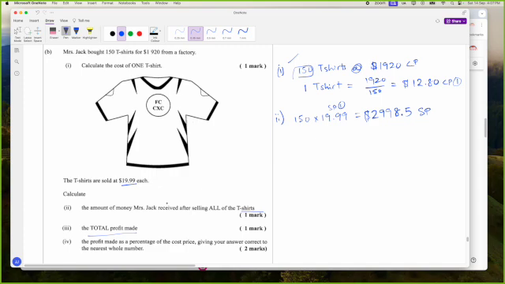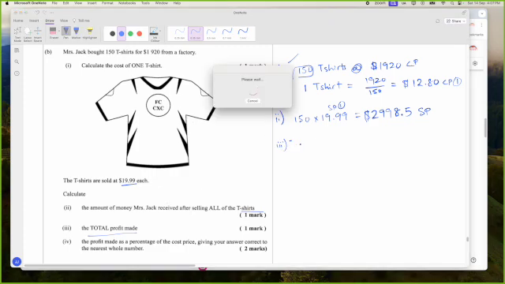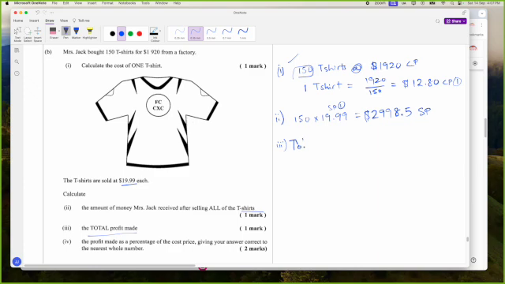The total profit made, so 3. Oh, come on, bro. Total profit. Right now, I'm overloading my CPU because I have Zoom running this call, I have this program open, and this program uses a lot of memory.